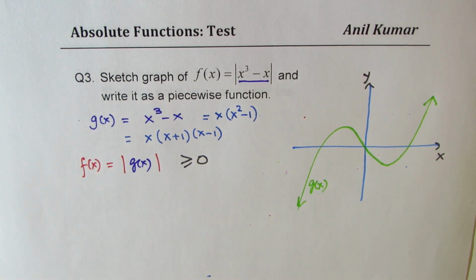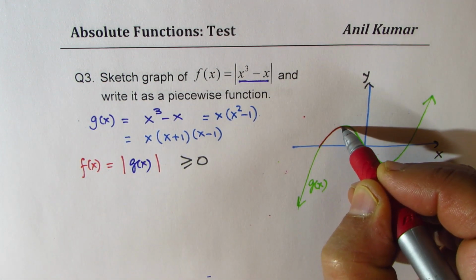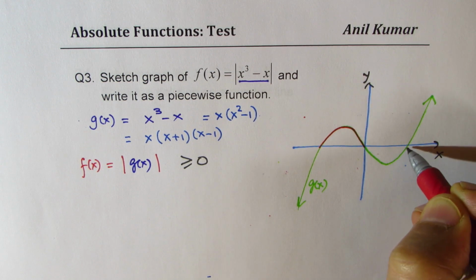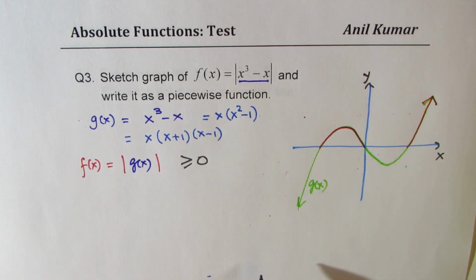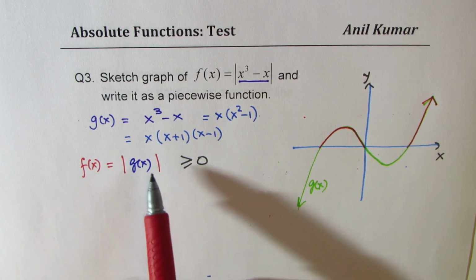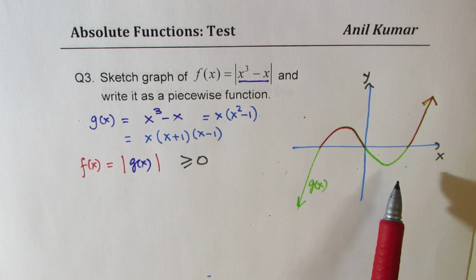So basically what happens is that the part which is positive remains as positive. That means this is same, correct? This part remains same. So this part remains same as the inside part.